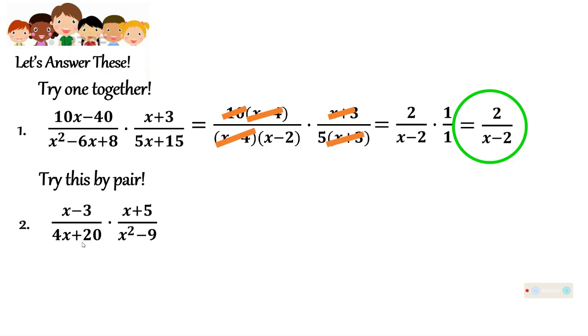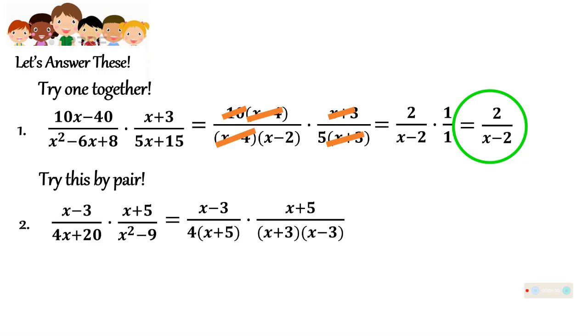And then, x plus 5 is not factorable, but x squared minus 9 is factorable. Okay? So, we have here x minus 3 over the factors of 4x plus 20, which are 4 times x plus 5. And the factors of x squared minus 9 are x plus 3 times x minus 3.